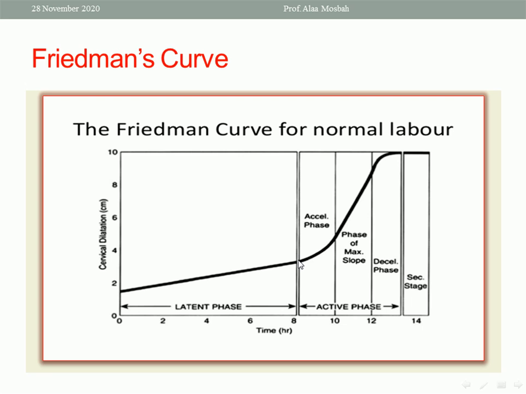So the latent phase in the modified Partogram starts from true labor pain till 4 centimeters, and the active phase starts from 4 centimeters to 10 centimeters. As you see, it is sigmoid in shape, and this Friedman curve was used all over the world for a long time, over the past 50 years.